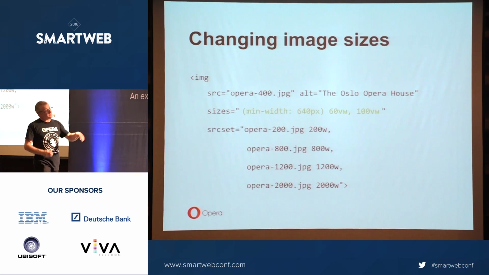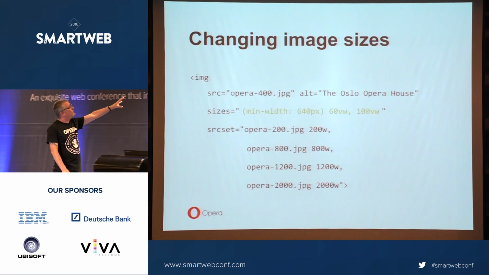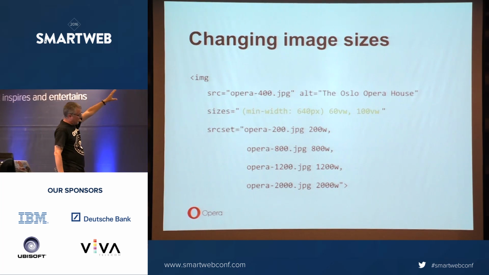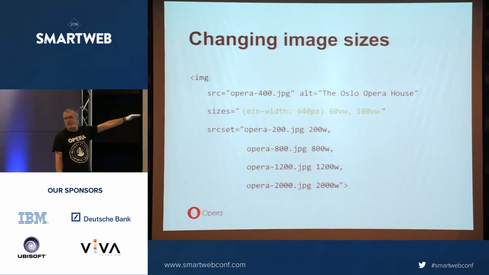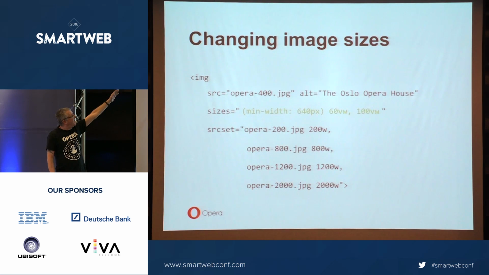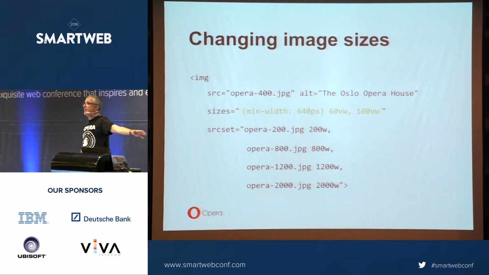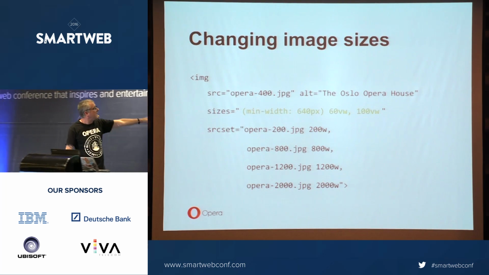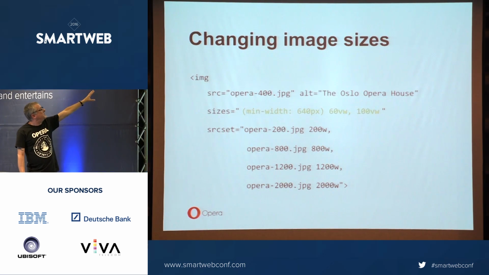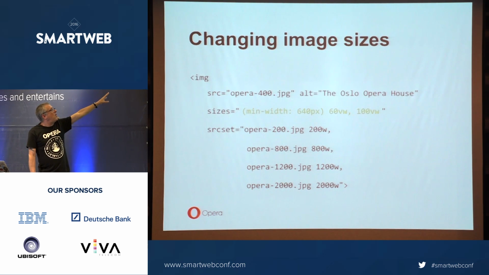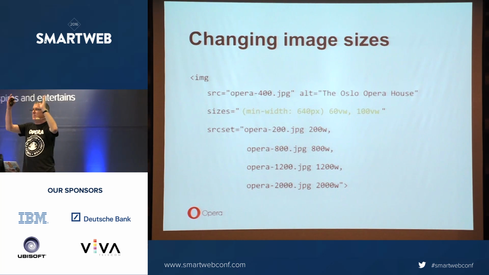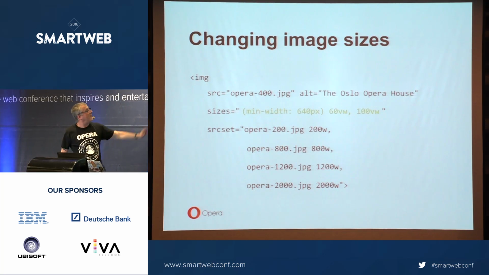You can do this. This is a bigger example. I'm saying here are 4 different images. They are of those sizes. The browser is free to grab the one that it deems best right now. And the sizes attribute there says, if you have a screen wider than 640 pixels, show the image 60% of the viewport width.